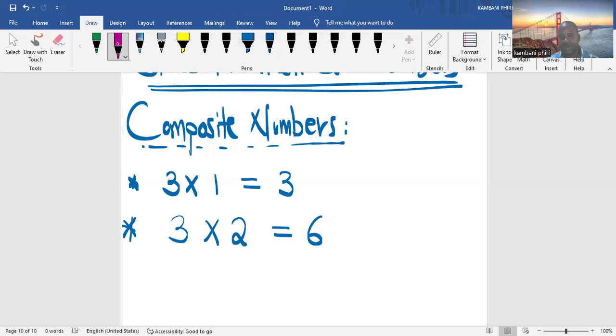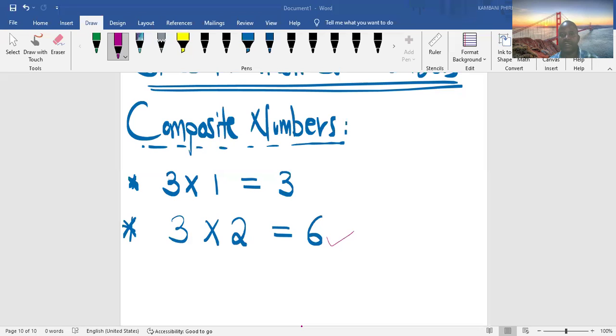So this number 6, which is a product of two numbers other than 1, is a composite number.